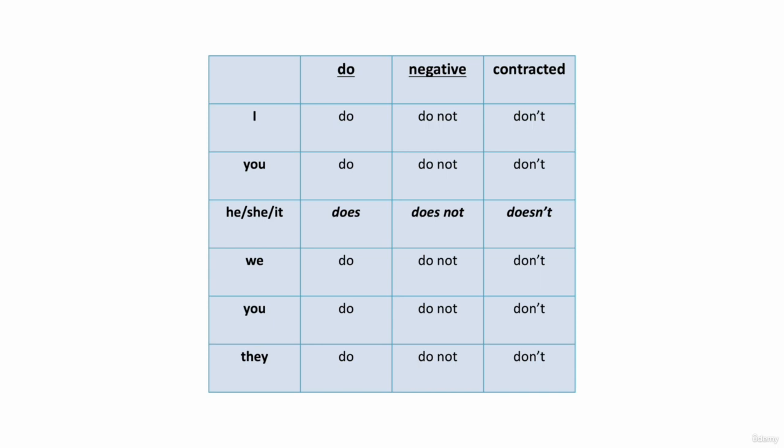Contractions are very important, as we previously mentioned, as they are commonly used in both spoken and informal written English. So it's important to practice using them as much as possible.